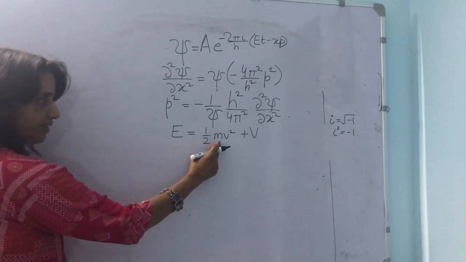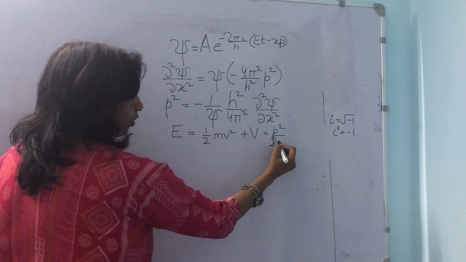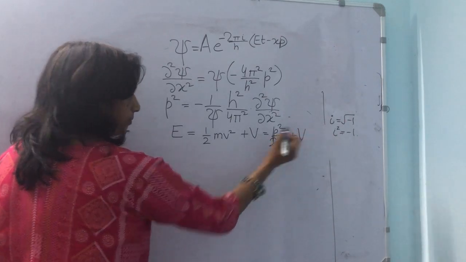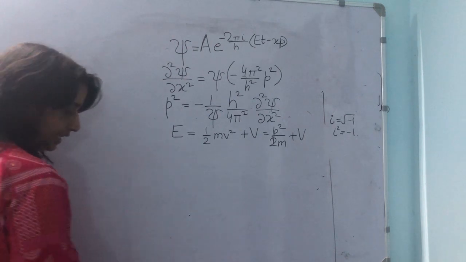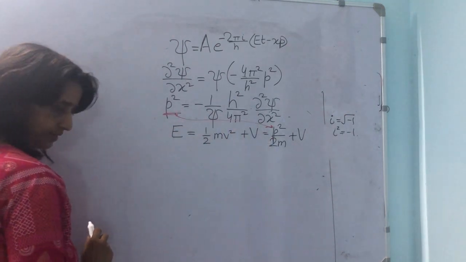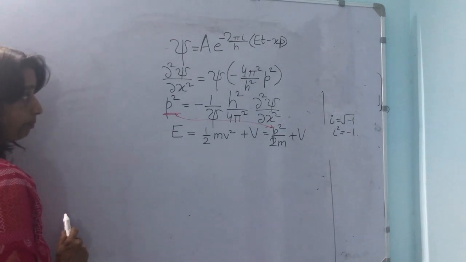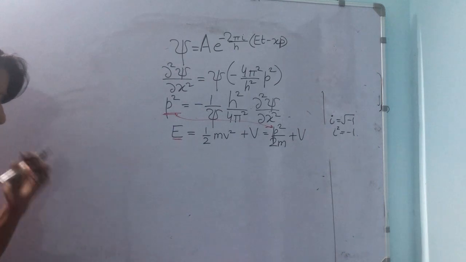We can even write this as p square upon 2m plus V. Now we will put this value of p square here, and we will put the value of E which we had found in this expression.